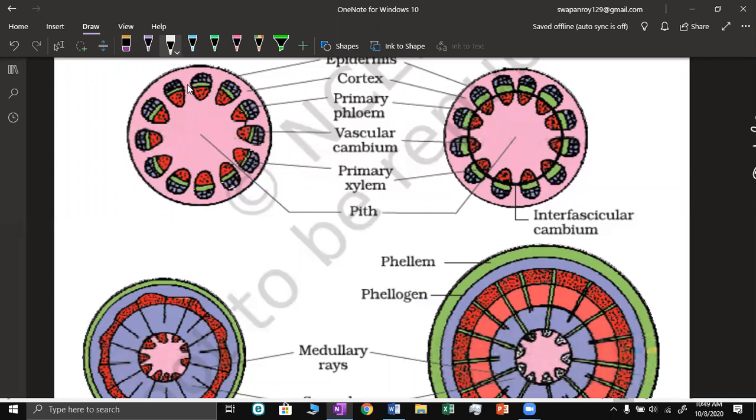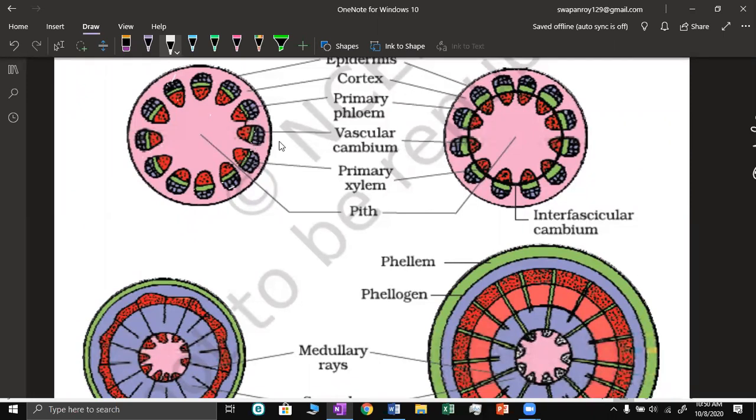In between the vascular bundles there are medullary rays, which are non-vascular tissue, and in each vascular bundle, this blue portion is the phloem, this red portion is xylem, and in between, this green part is the cambium.